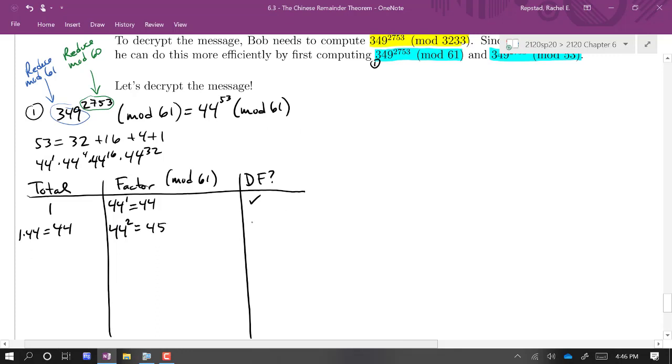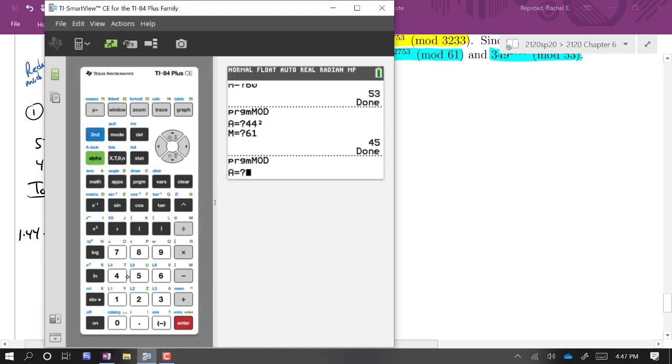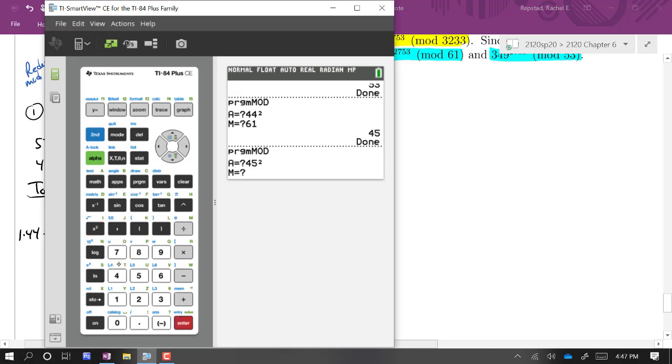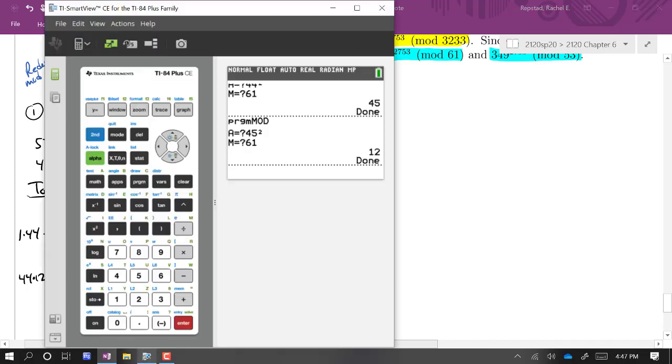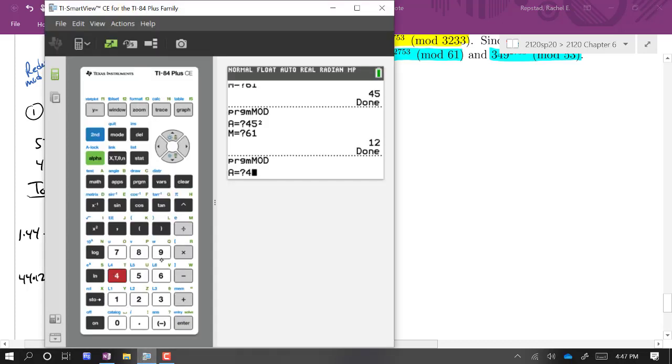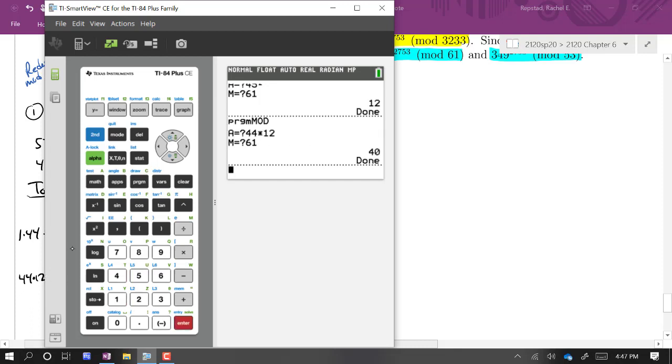Not a desired factor, so our total holds at 44. Next factor, 44 to the 4th, which is 45 squared. That gives us 12. This is a desired factor, so our total changes: 44 times 12 mod 61 is 40.